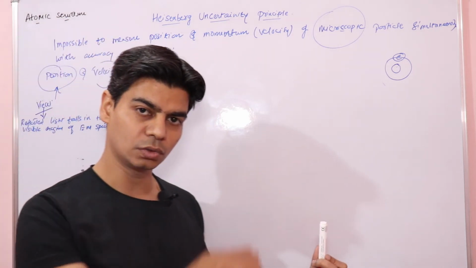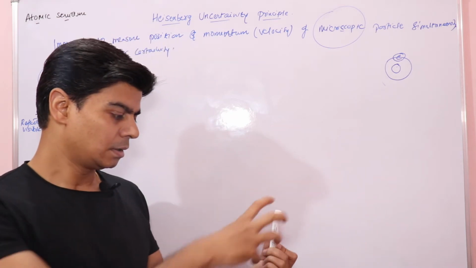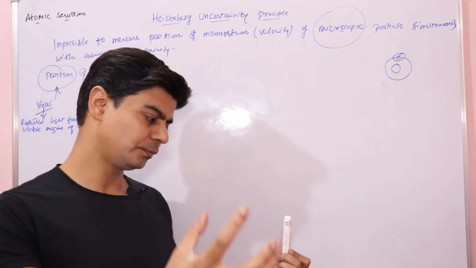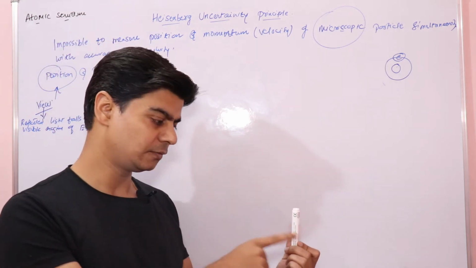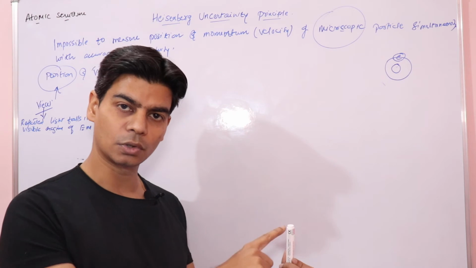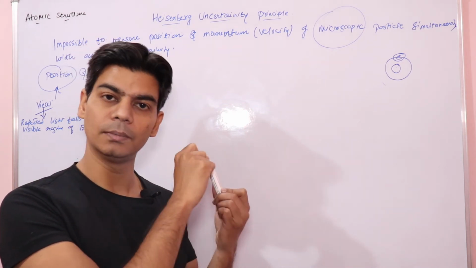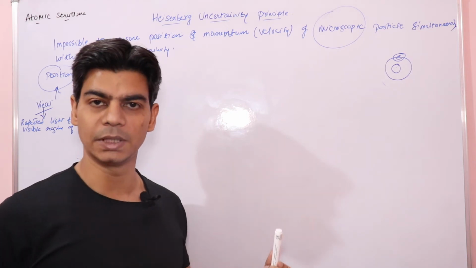The light that falls on this object would be able to locate it, because those photons would not be able to change the position or the velocity of this moving object.